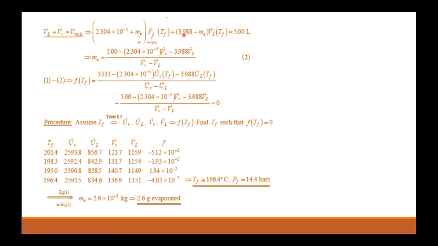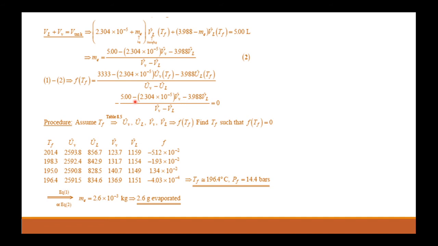Do the same thing, 3.988 minus the evaporated, multiplied by the specific volume of the liquid phase as a function of TF, and that is 5 liter. So rearrange your equation and we will get this equation 2. So take equation 1 minus equation 2, and this gives us a function of TF, and we have this equation.